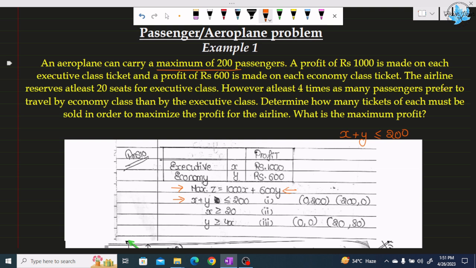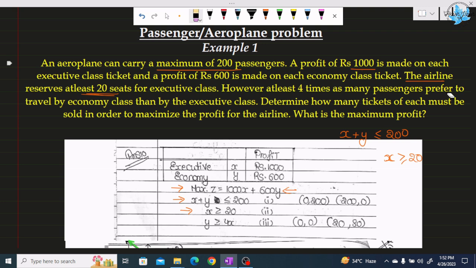In the second line there is the profit, and we have already made the equation of the profit. In the third line, the airline reserves at least 20 seats for the executive. We have assumed the executive to be x, and there are at least 20. At least 20 means greater than or equal to 20. So that's all for your second constraint.